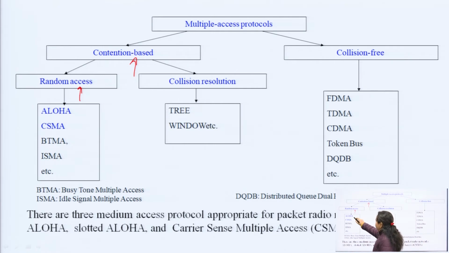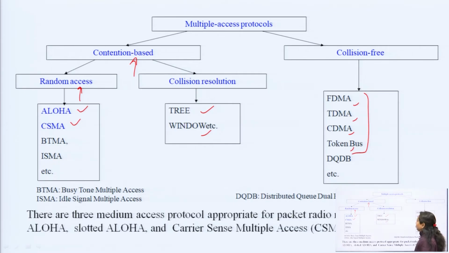In random access, there are Aloha and CSMA, which we are going to discuss today. Then in collision resolution, there are the tree method and window method. In collision free, there are FDMA, TDMA, CDMA, token bus and DQDB. This we have already covered. So, today we are going to discuss Aloha and carrier sense multiple access, that is CSMA.